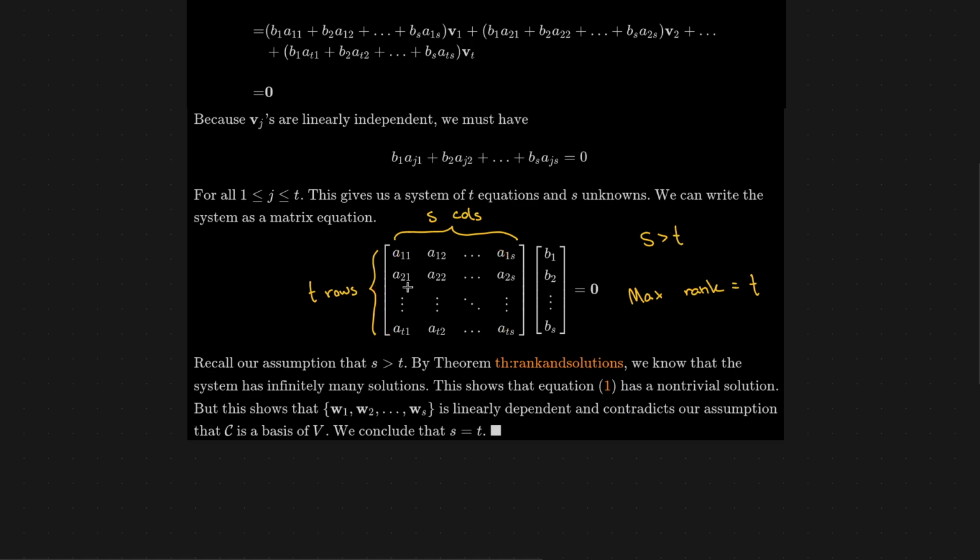And so if we get this thing in reduced row echelon form, the most leading entries we can have would be one for each row. But since we have more columns than rows, that means we can't have a leading entry for each column.